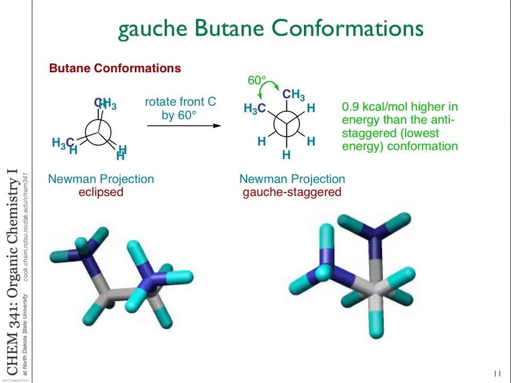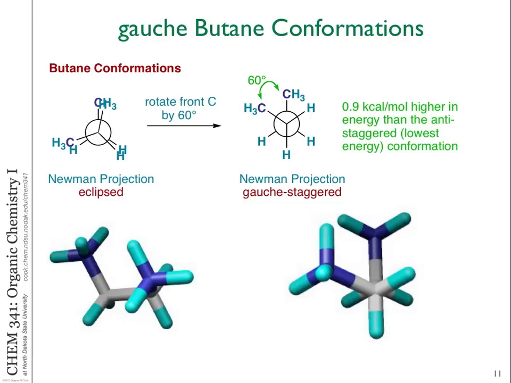then you get to another conformation where the bonds are staggered with each other. Again, each bond from the front to the back are 60 degrees apart. But this is different than the first one we had. Okay? In the first structure we looked at, the methyl group on the back was 180 degrees apart from the methyl group in the front. But this is not the case now in this particular position.